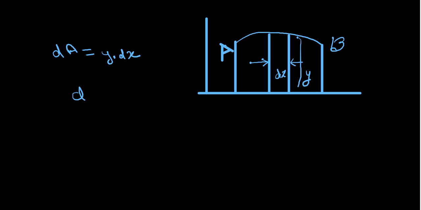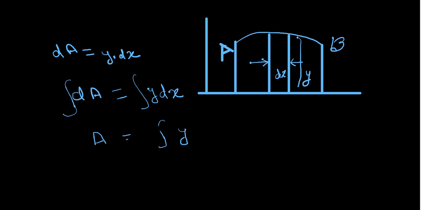Now, as you have already learned in integration, if you apply integration, because integration is nothing but adding. In area under the curve, we are adding smaller strips, so we use integration. So the integration of dA is equal to the integration of y dx. The integration of dA is A, and here it is y dx.